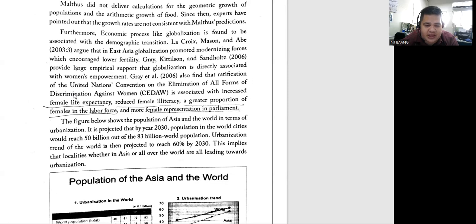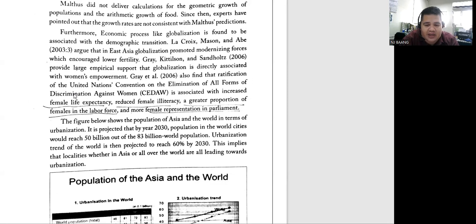So, if you can remember way back 2006, no, it has provided a large empirical support to the globalization, which is directly associated with women empowerment, no. Ingon si Gray et al, no. No, that was a book published at that time, no.